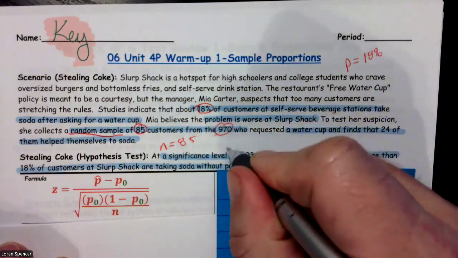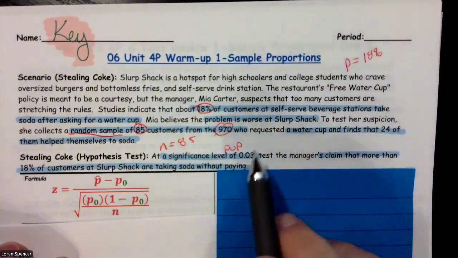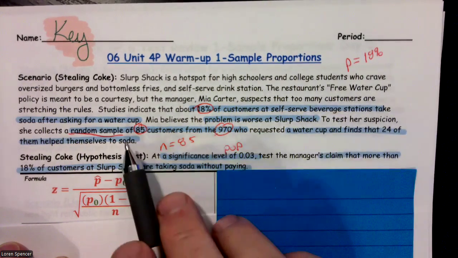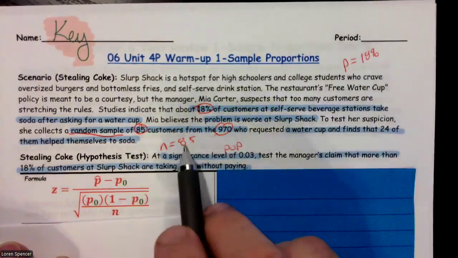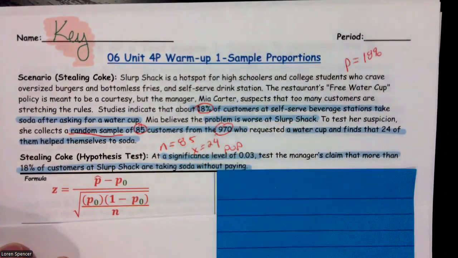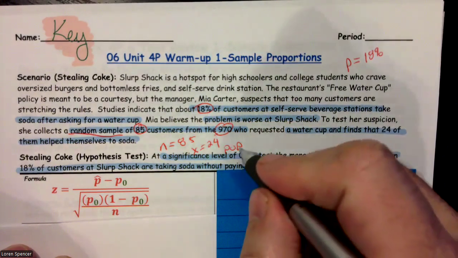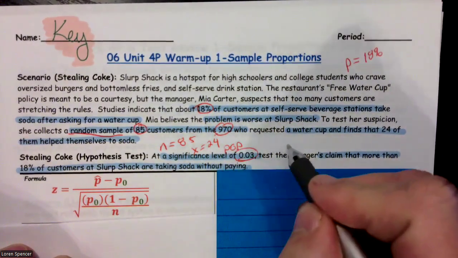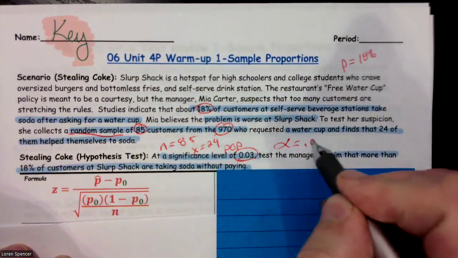So 970 would be the population if we were working with our conditions. A water cup, and finds that 24 of them help themselves to soda. So 24 of that 85 took soda. All right. At a significance level of 0.03, so we have an alpha equal to 0.03.